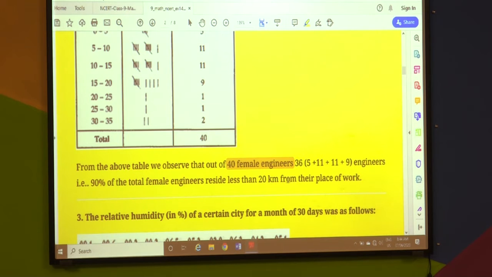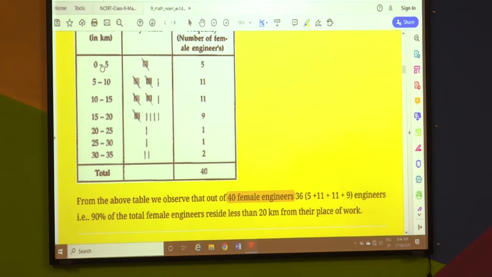Now let us see how this happened. 0 to 5 kilometers, 5 to 10, 10 to 15, 15 to 20. 5 plus 11 plus 11 plus 9 till 20 kilometers, these many are there. So they have said: reside less than 20 kilometers.